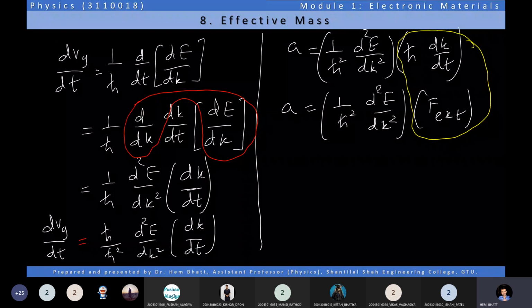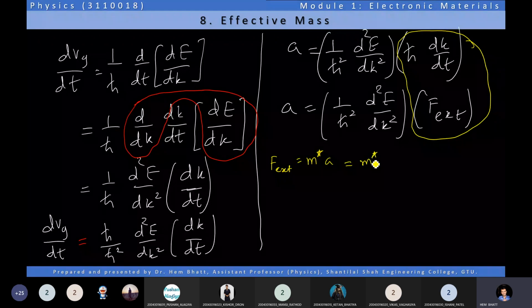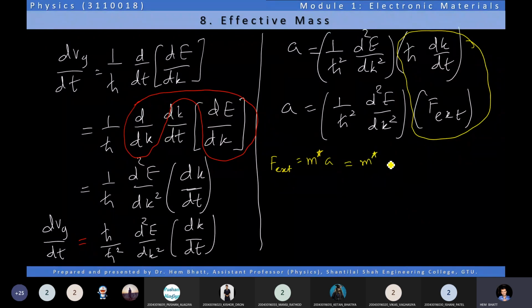Let me explain. See, can we write F external as m star a? Is that okay? Force is equal to mass into acceleration, and acceleration can always be written as dVg by dt.